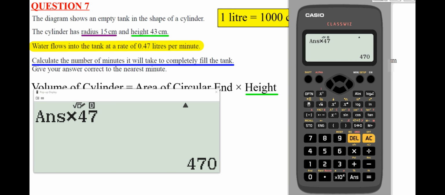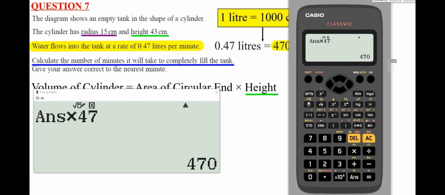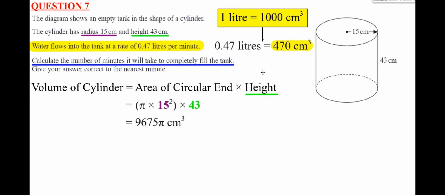If you can just see it, by all means, you could just say that therefore 0.47 litres is 470 cm cubed. To do it a bit more step by step, you could first divide both sides by 100 to find what 0.01 of a litre is, and then multiply by 47, like I showed you on the calculator. Either way round, it should work out that 0.47 litres is 470 cubic centimetres.